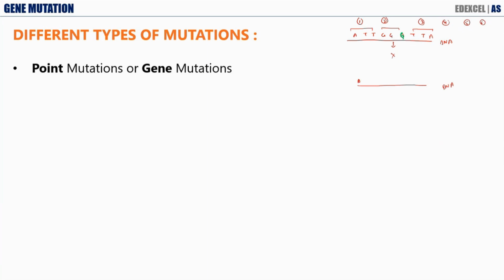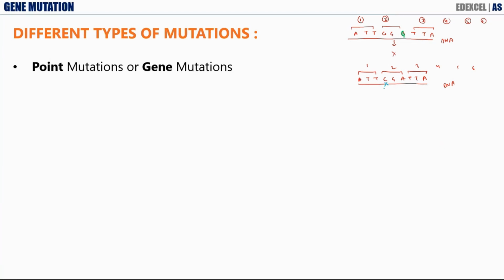Now imagine another situation where we have a DNA with a similar kind of sequence. But this time, instead of substitution, meaning instead of being replaced, there is addition or deletion. Let's say this C has been deleted.